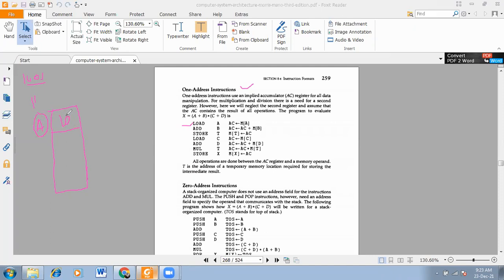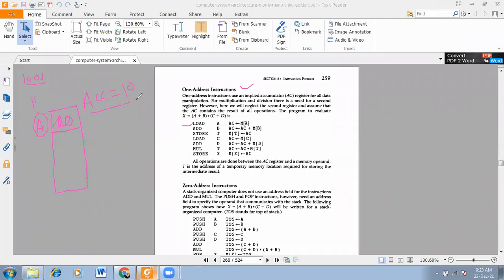When you write this instruction, load A, that means the content of the address will move to the accumulator. So after the completion of this instruction, the accumulator must contain 10.